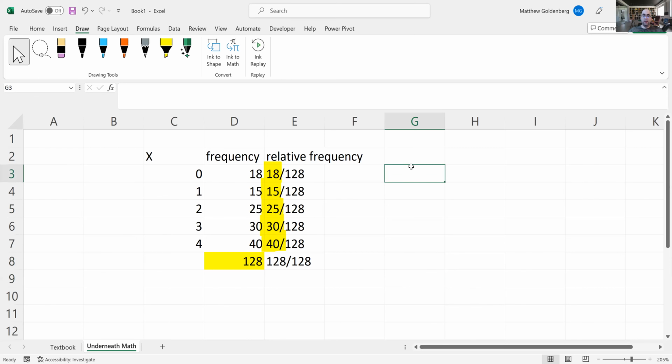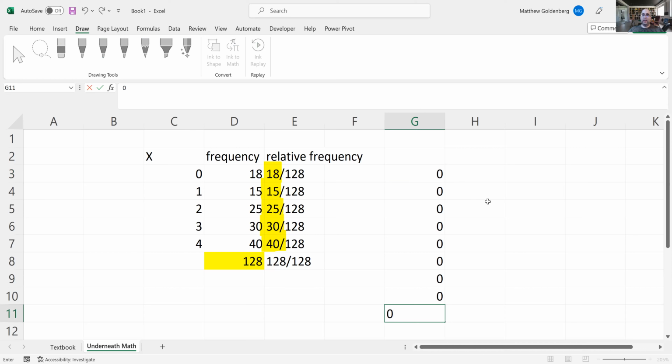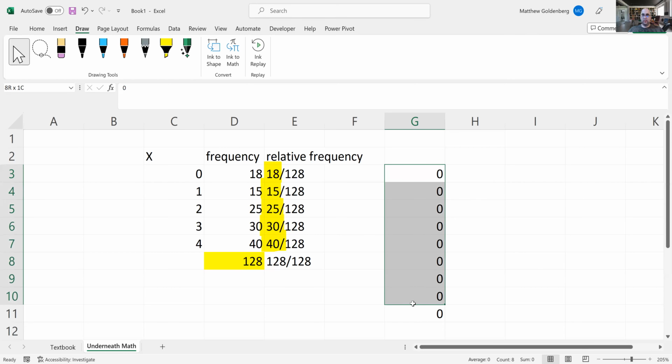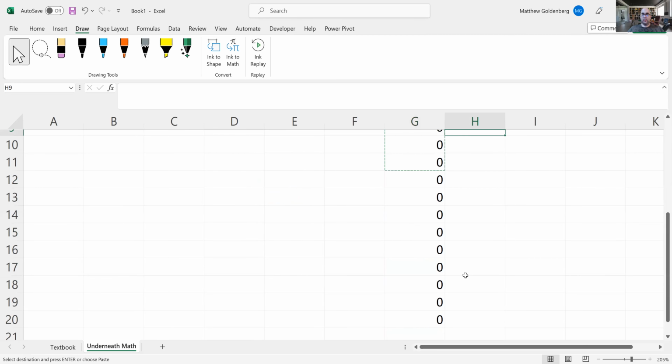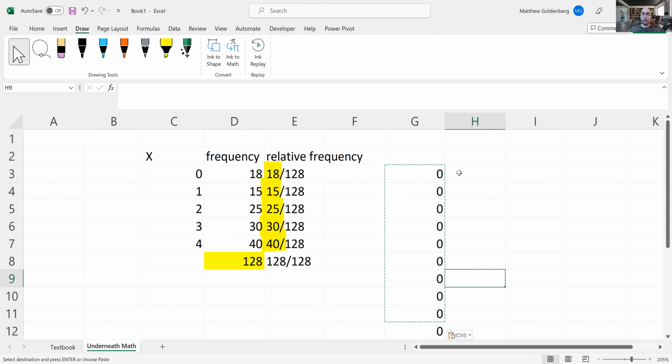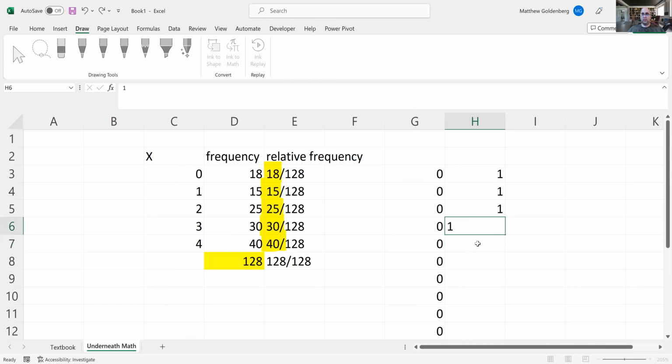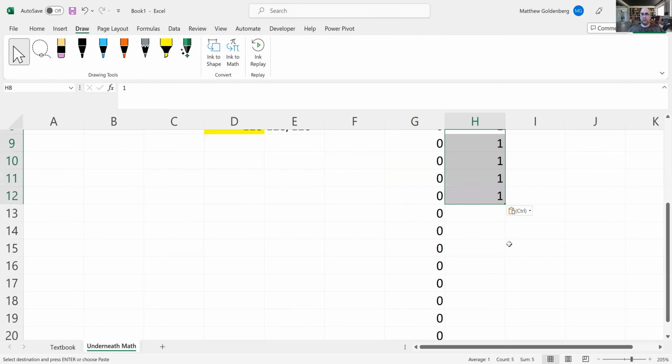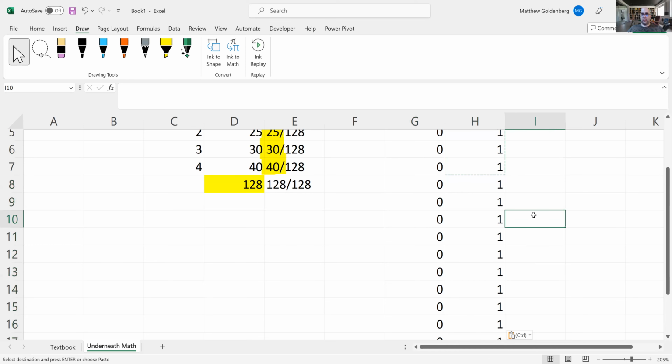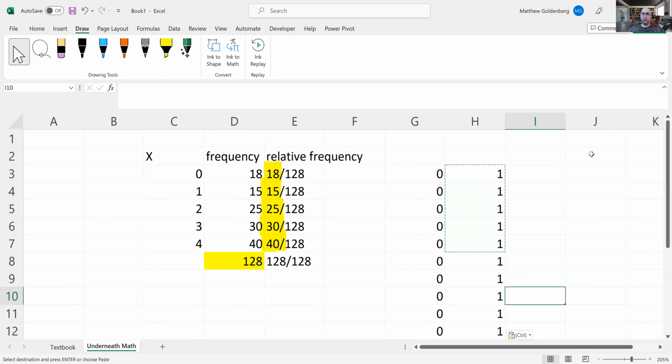what this ends up being is 18 zeros. So 1, 2, 3, 4, 5, 6, 7, 8, 9. There are 18 zeros in your data set. There are 15 ones in your data set. There are 25 twos in your data set.